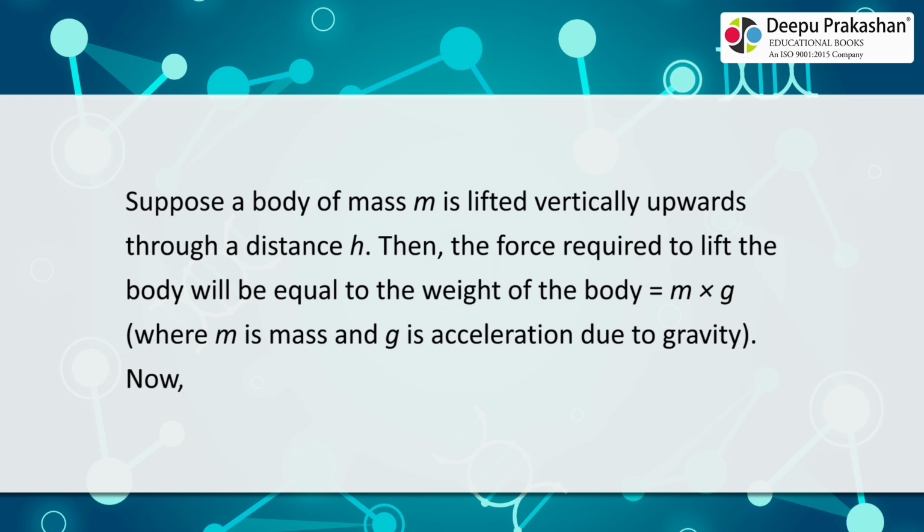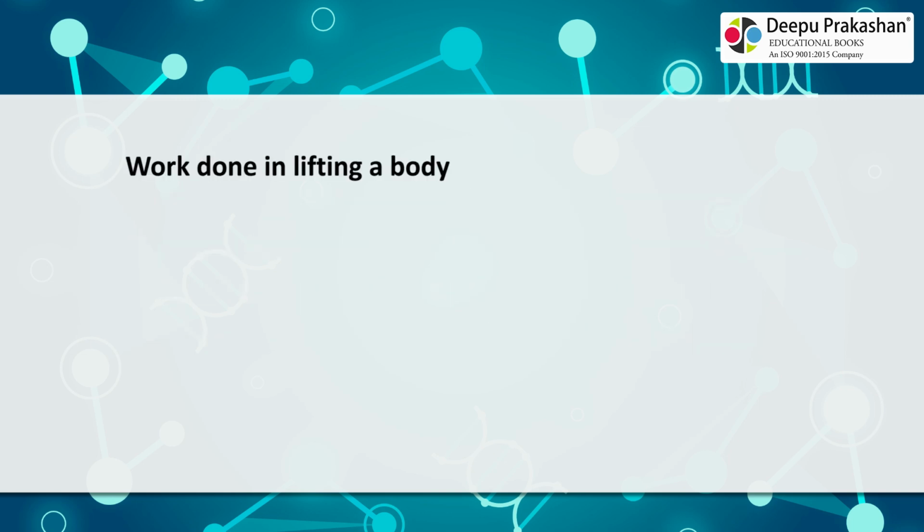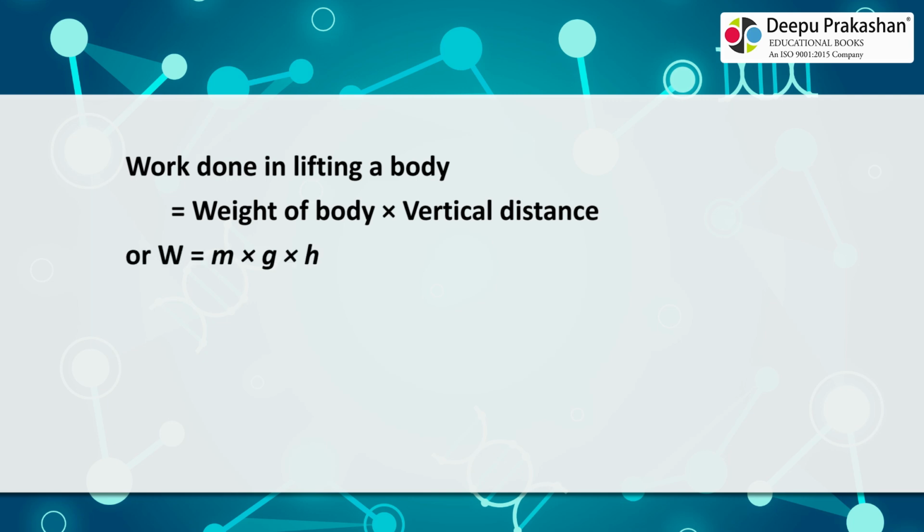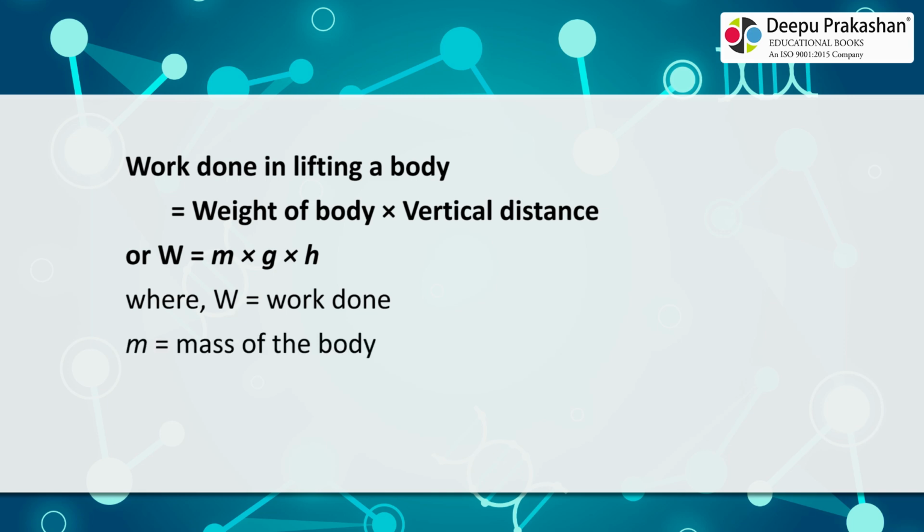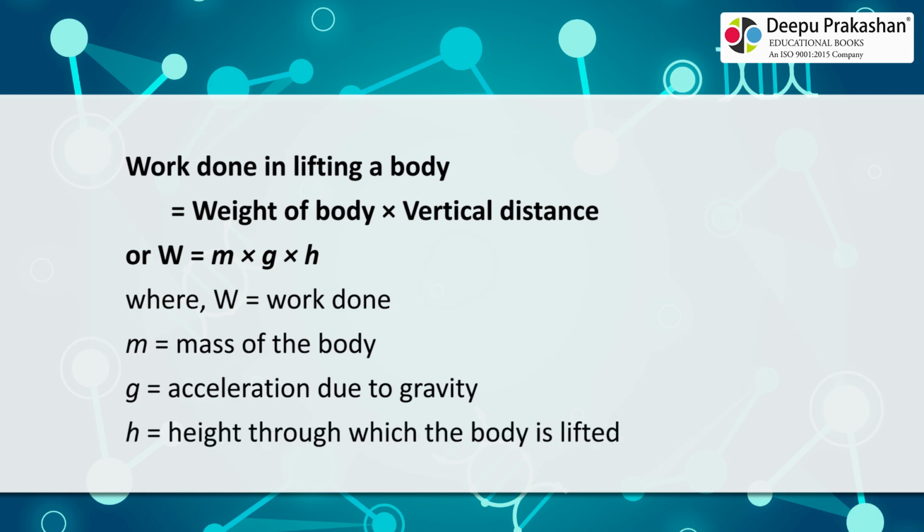Now, work done in lifting a body is equal to weight of body times vertical distance, or W is equal to m times g times h, where W is work done, m is mass of the body, g is acceleration due to gravity, and h is height through which the body is lifted.